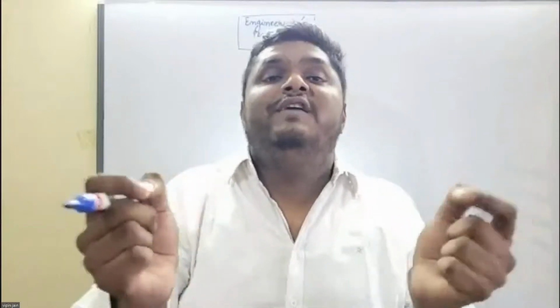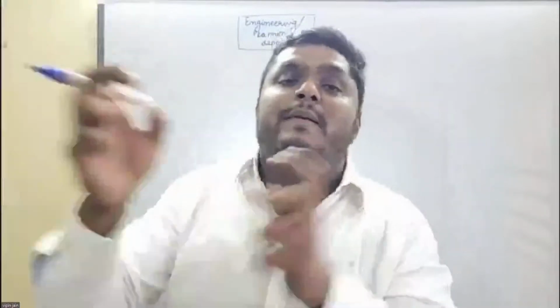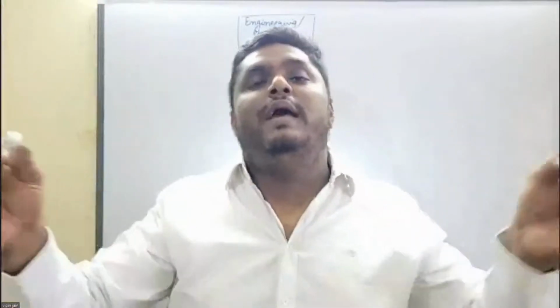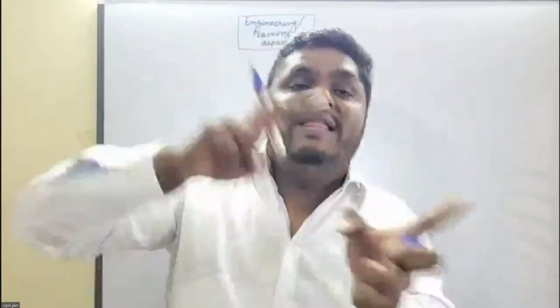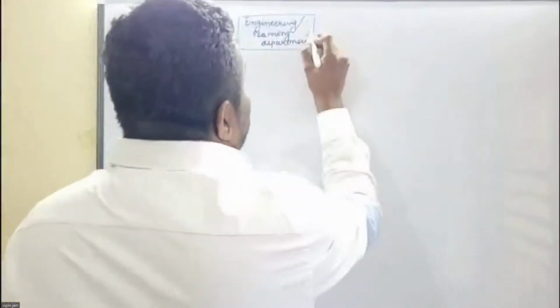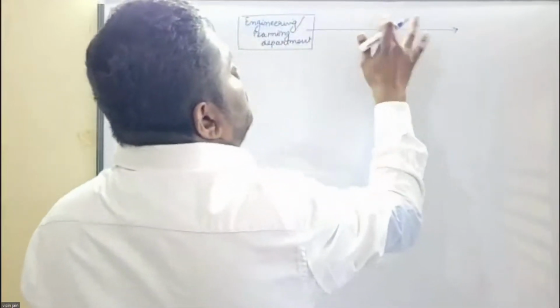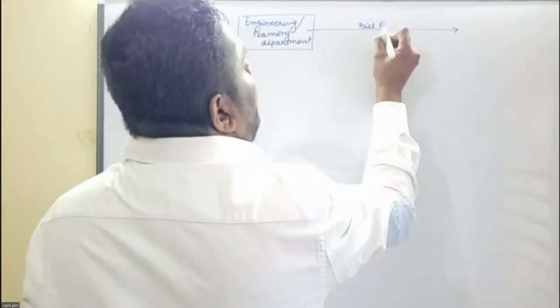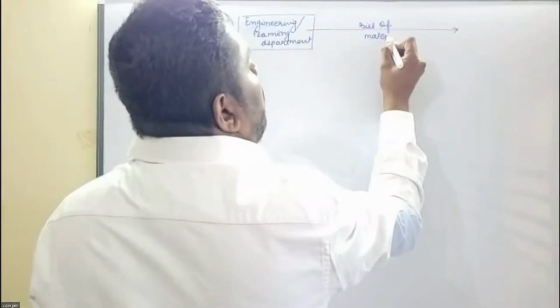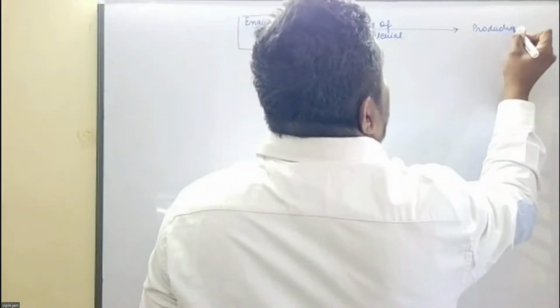They figure out what all specification of raw material we have to use. And they write the specification on paper and hand it over to the production department, saying that you have to use this raw material to manufacture a product. The paper that they deliver to the production department is called the bill of material. So the engineering department issues the bill of material to whom? The production department.